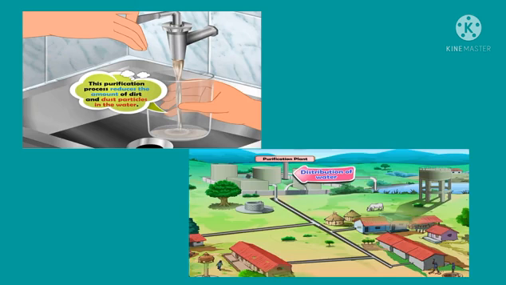This purification process reduces the amount of dirt and dust particles in the water. Arrangements are made to distribute this water all over the town or city. This is called distribution of water.